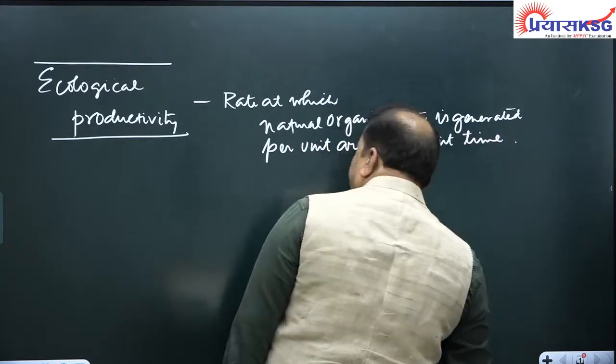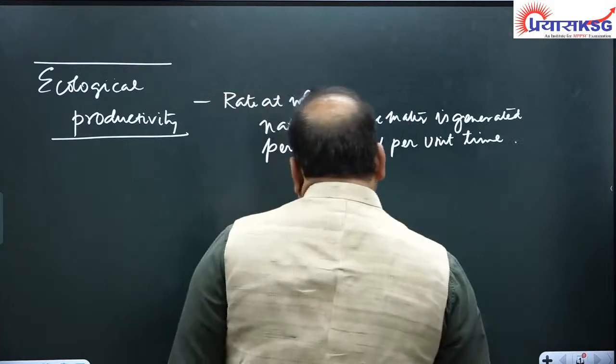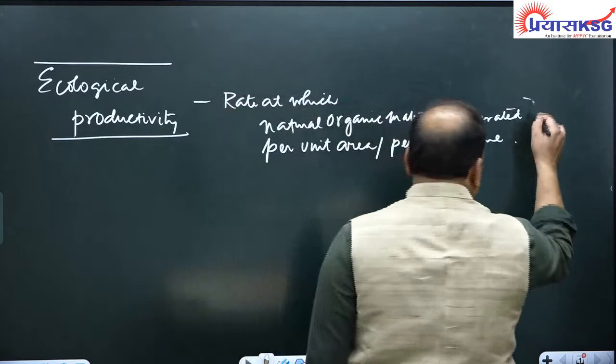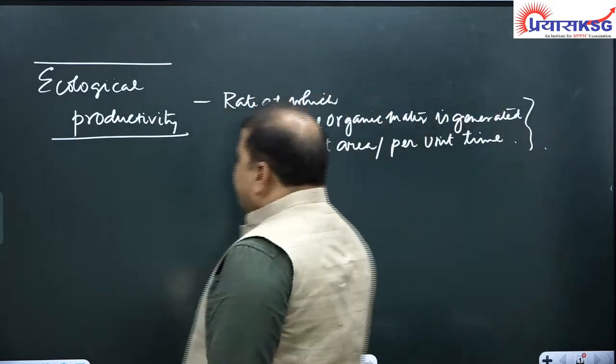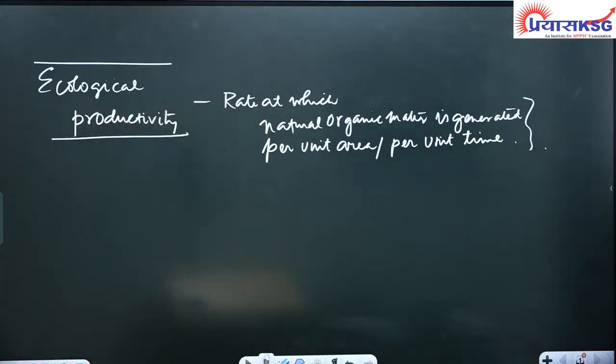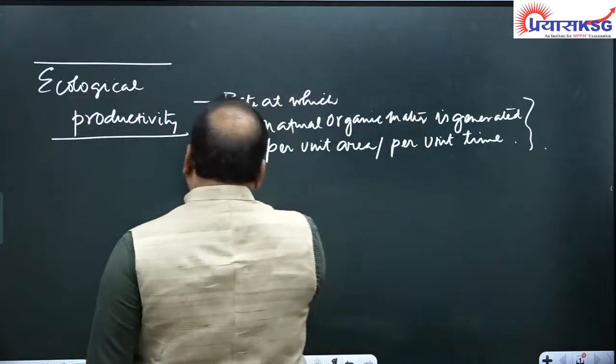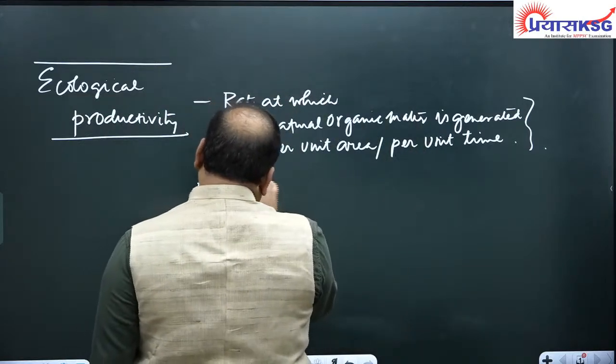It is the rate at which natural organic matter is generated per unit area, per unit time. Clear? And we can see that there are two factors influencing it. First is what? The amount of solar radiation.